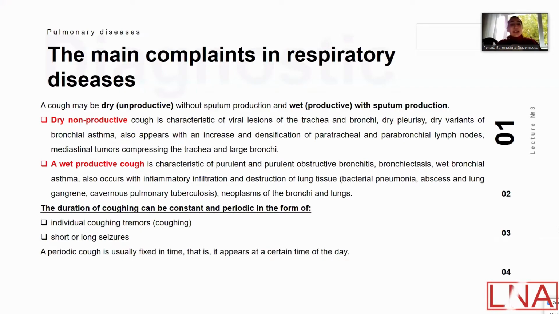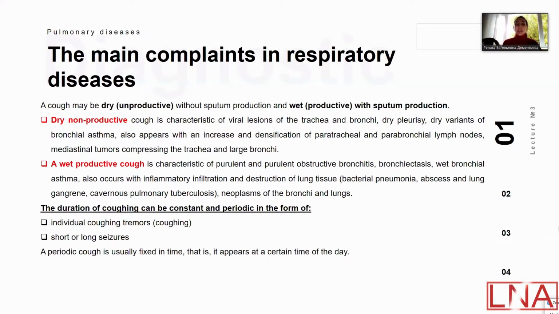It also appears with enlargement and densification of paratracheal and parabronchial lymph nodes, and with mediastinal tumors compressing the trachea and large bronchi. Look, there are many reasons for developing cough, and enlarged parabronchial lymph nodes can press on the innervation and cause cough. But in this case the cough will be dry and non-productive, without sputum at all.